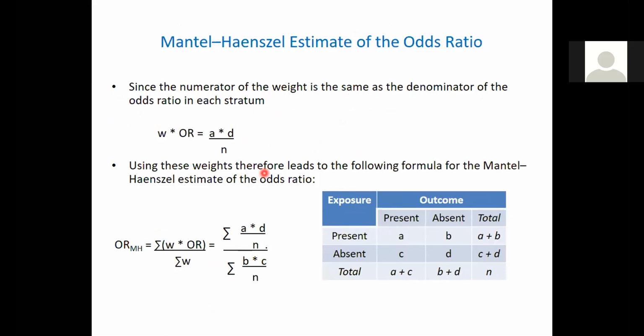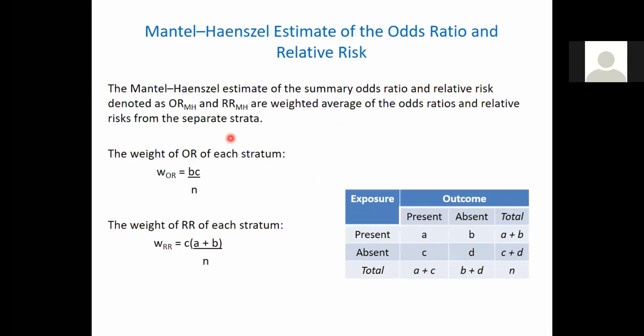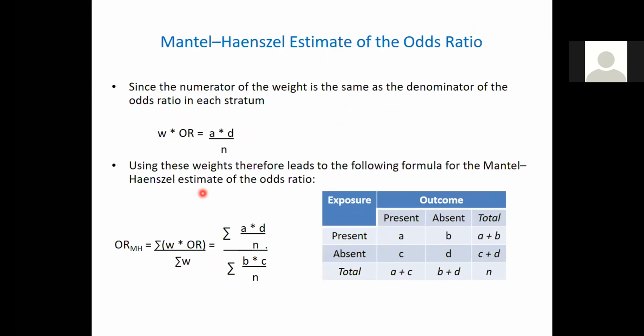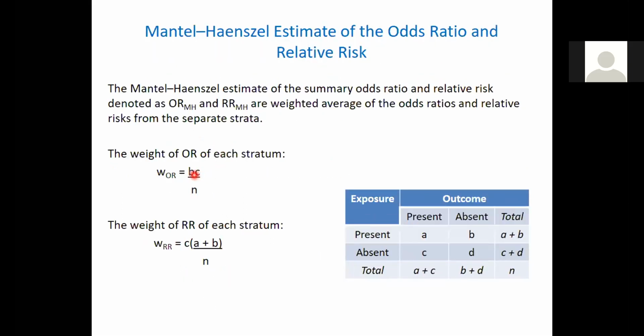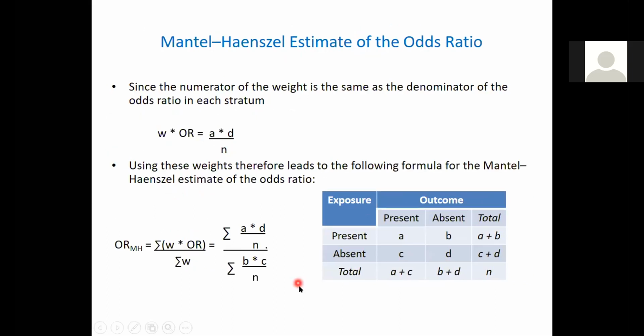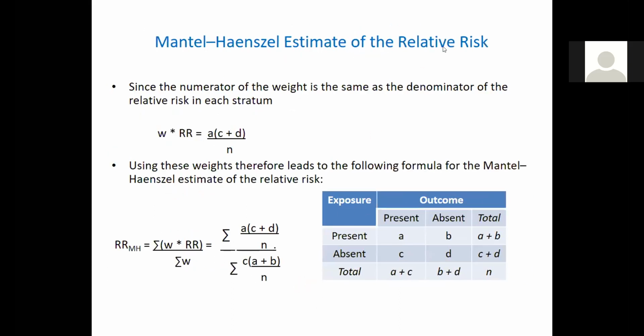From what we have just seen, you can easily write this as: the weight W is equal to A, B, C all over N. You can write the formula and replace the odd ratio, the denominator is BC, and that BC is the weight. So if you change the formula, you can change this one now.